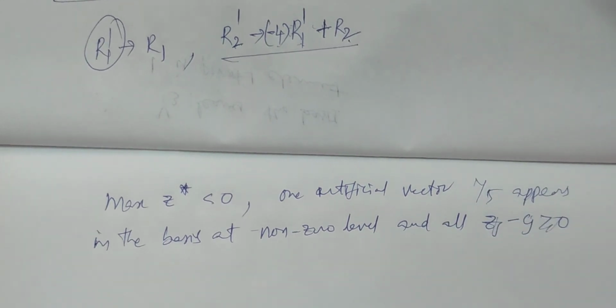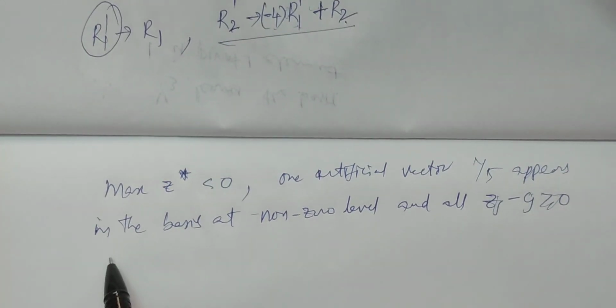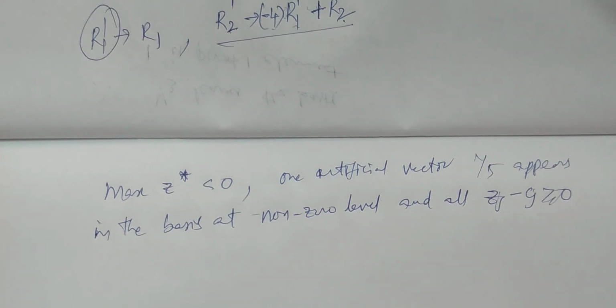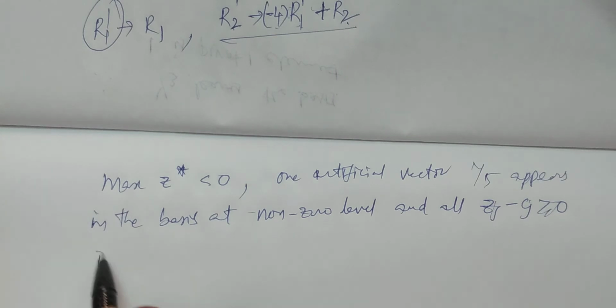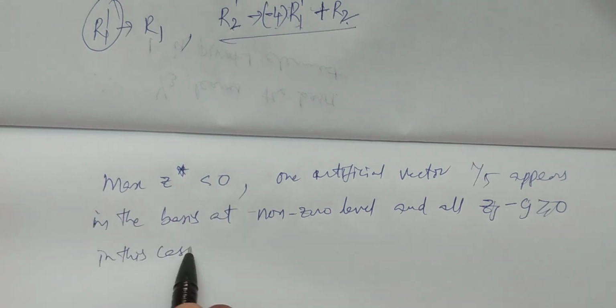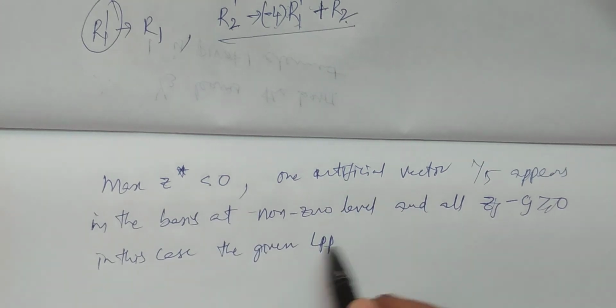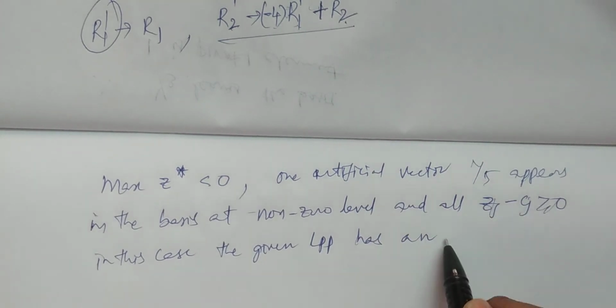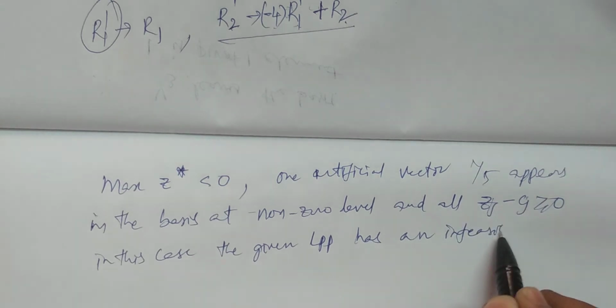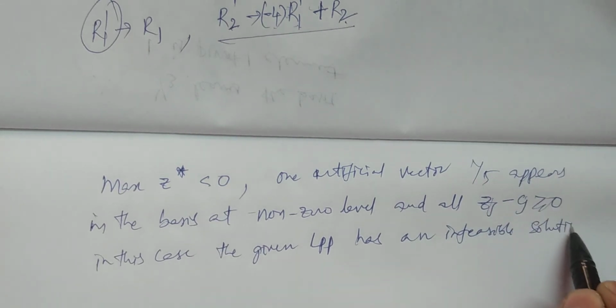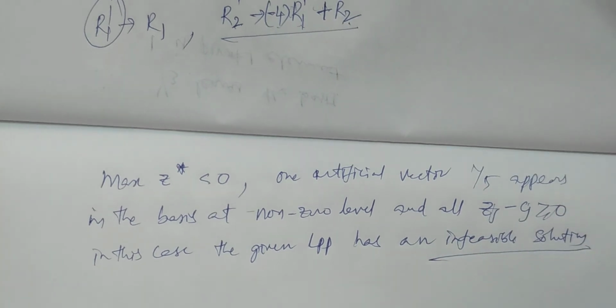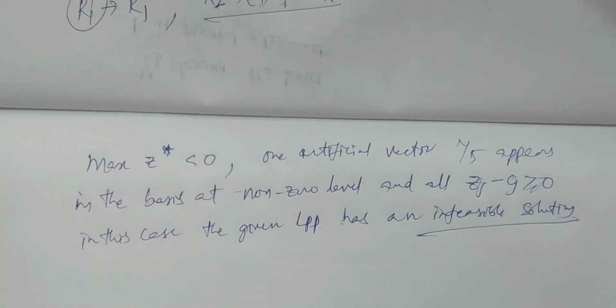Net evaluation is greater than or equal to 0. So in this case, the given LPP, linear programming problem, has an infeasible solution, and does not possess any feasible solution. This is called an infeasible solution.